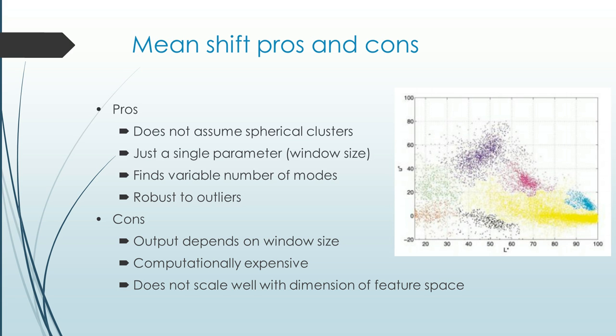worry about. This algorithm also finds a variable number of modes, basically of local maxima, and this is also useful if we want to come up with different ways of segmentation for the same image. Also, it's robust to outliers.